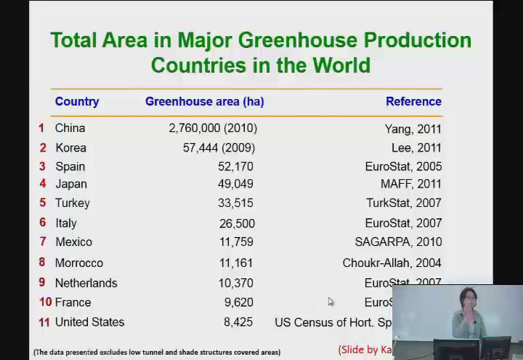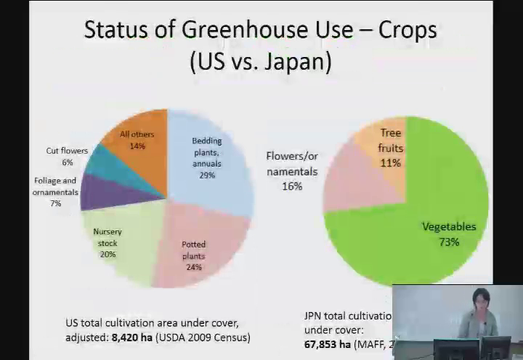But if you look really closely at what's in there, the big difference is what the greenhouse is used for. This is a two-country comparison, because I'm familiar with Japanese statistics and it's easy for me to find. It compares a greenhouse-oriented production country and the US. The base number is very different: Japan has 67 or 68,000 hectares, and the US is only 8,000.